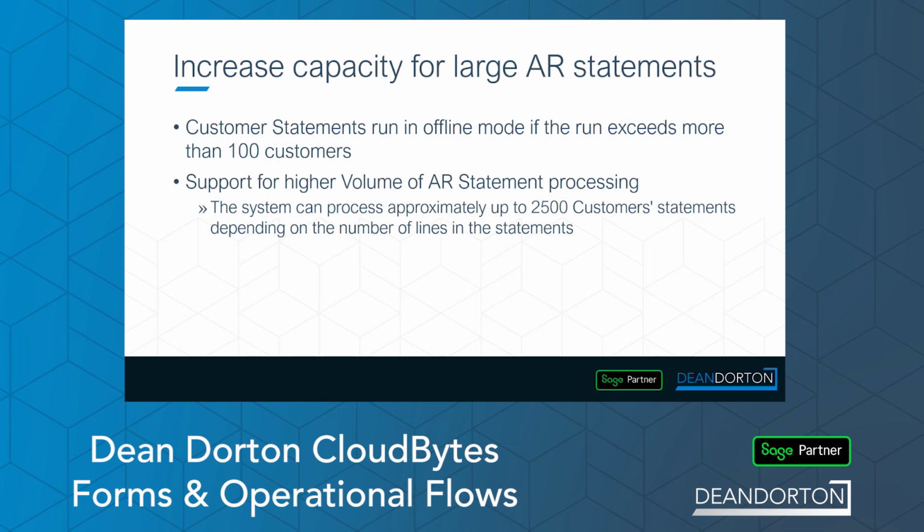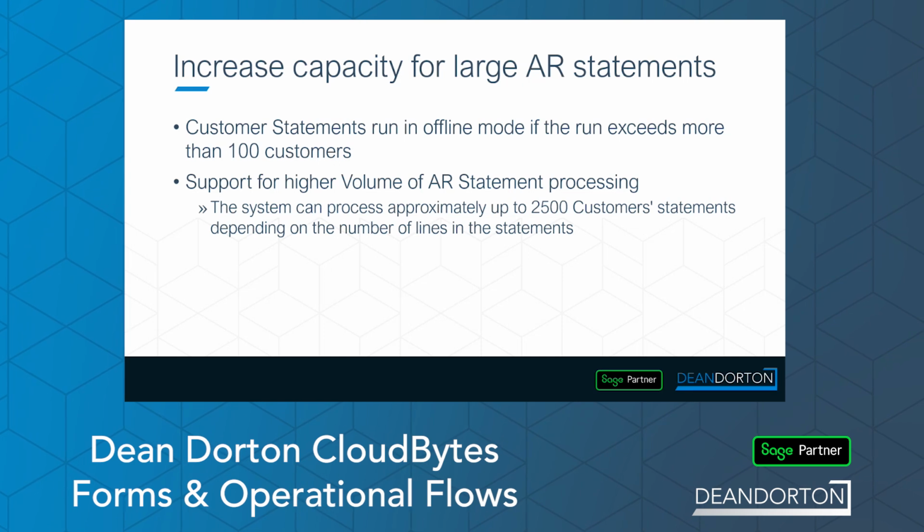Increased capacity for larger statements. Customer statements can run in offline mode if the run exceeds more than 100. There's support for a higher volume of AR statement processing, up to 2,500 customer statements. One of the things that Sage Intacct touts on a regular basis is the scalability of the software.